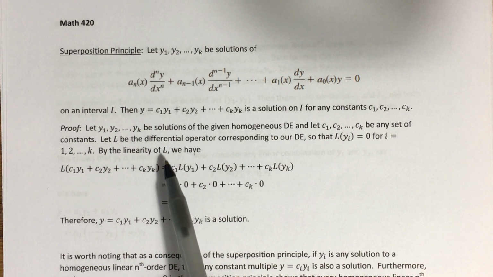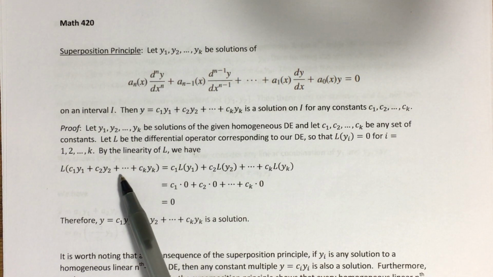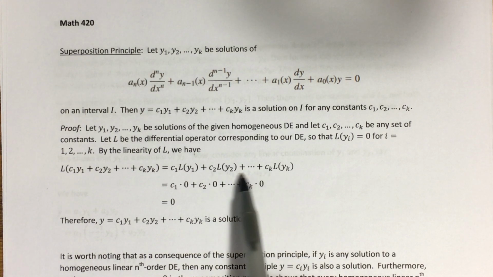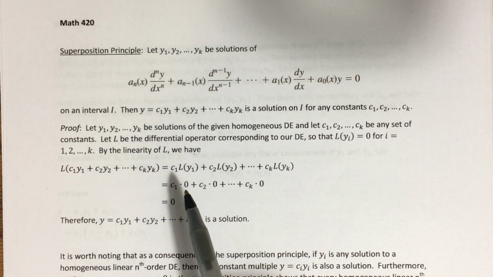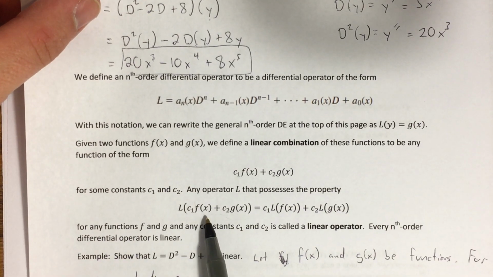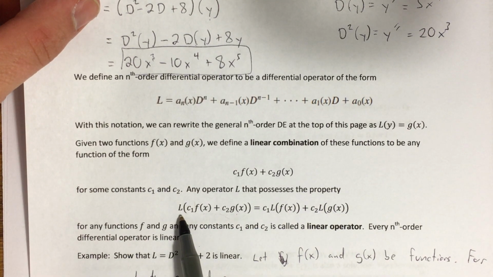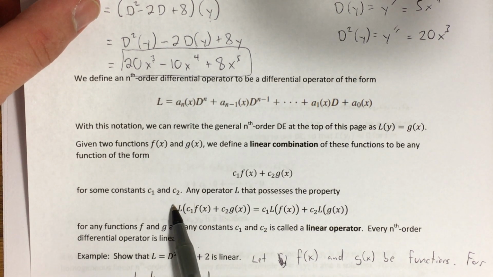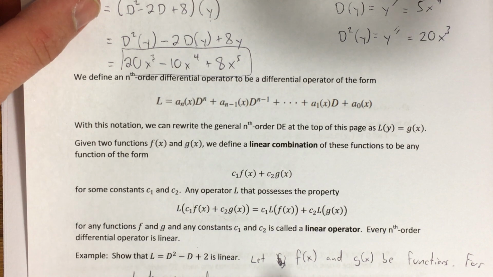Every differential operator is linear, so I can bust this thing out into a sum of these kinds of terms. Coming back over here, remember, this is how we define a linear operator. I defined it with two functions, where it's almost like you can distribute the L into each term and then pull the constants out like we have here.